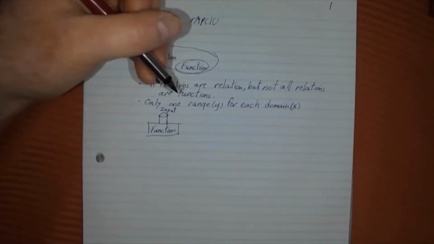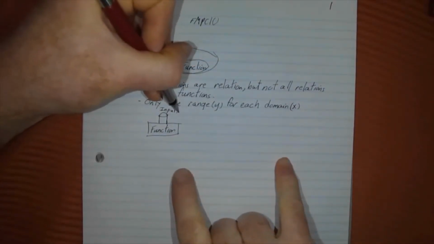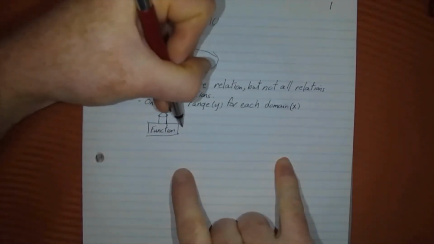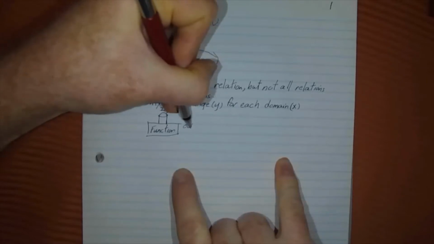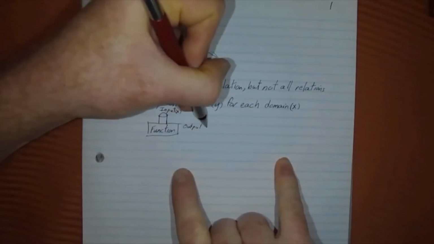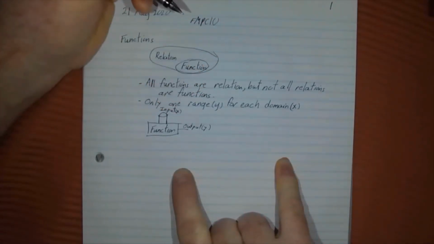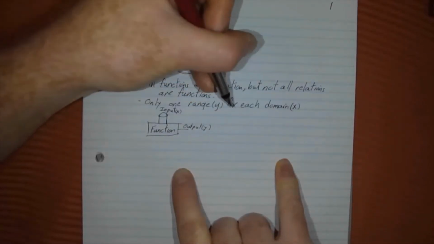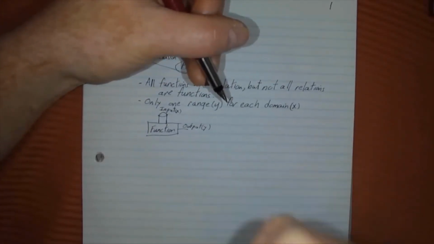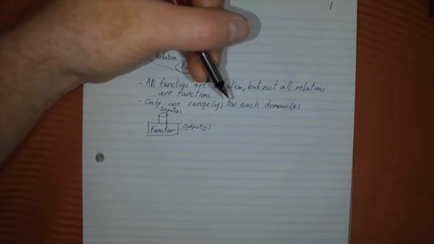My toaster oven is my function machine. I input bread, I output toast. If I input bread, I'm not going to get out scrambled eggs. It's not possible.